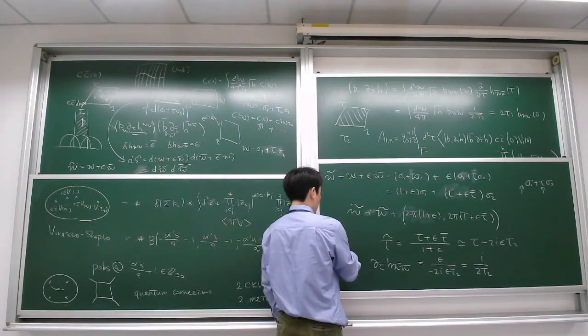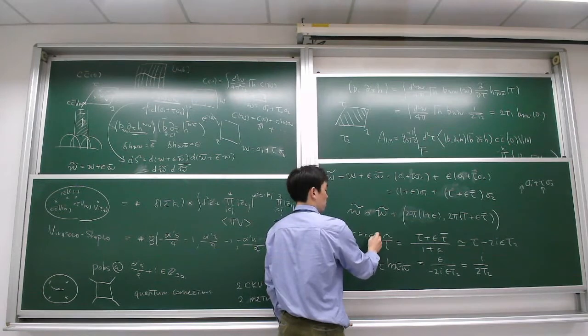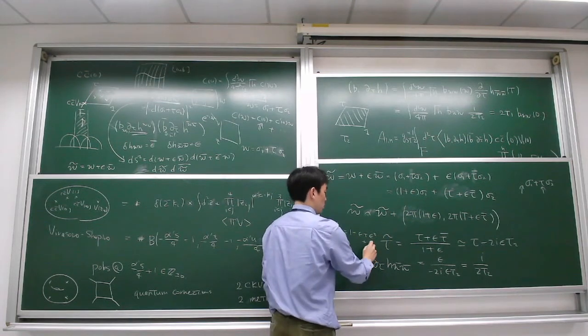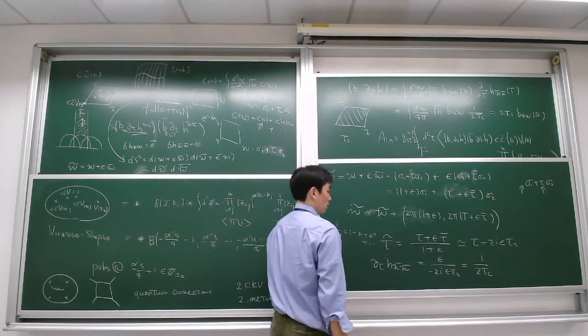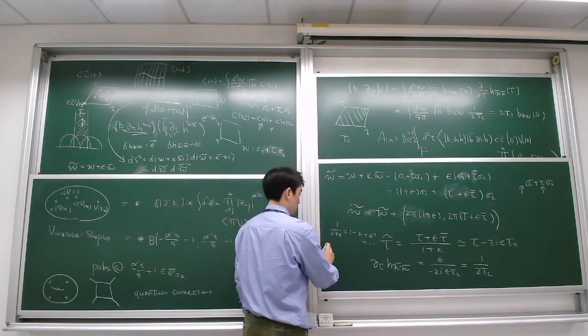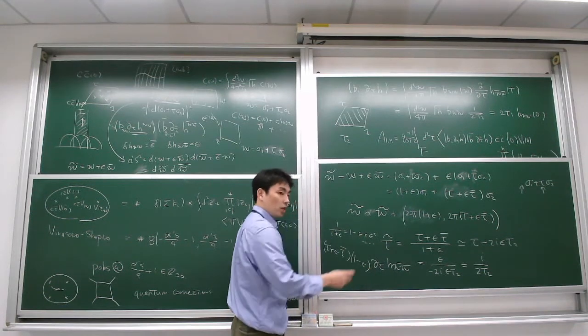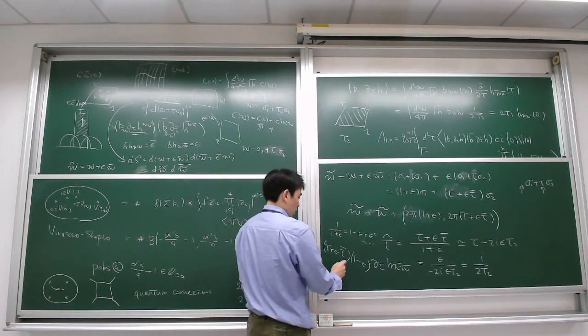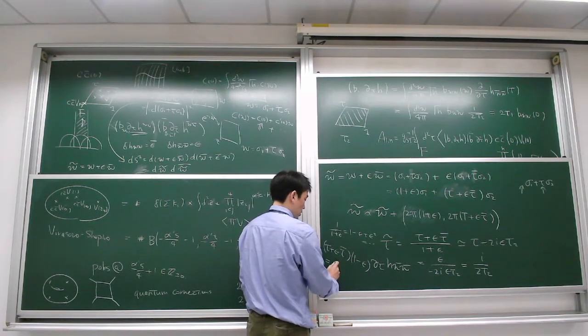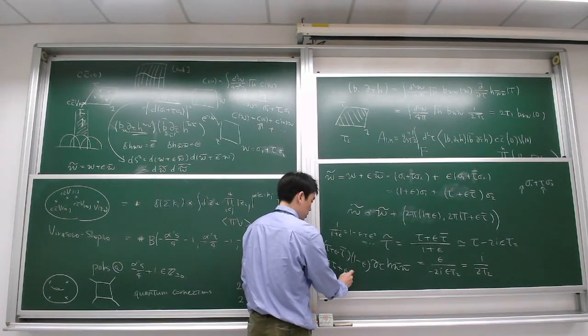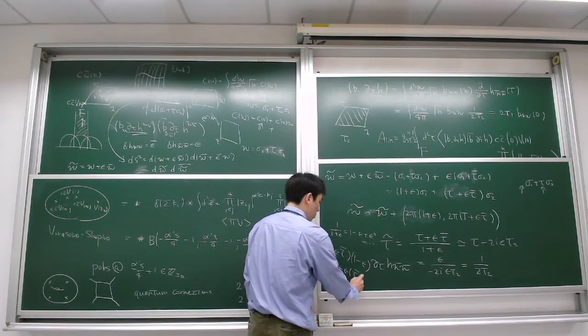1 over 1 plus epsilon is what? It's equal to 1 minus epsilon plus epsilon squared and so on. Therefore, this one is indeed tau plus epsilon tau bar times 1 minus epsilon. If you just look at the leading order in epsilon, then at order epsilon it is tau plus epsilon tau bar minus tau.